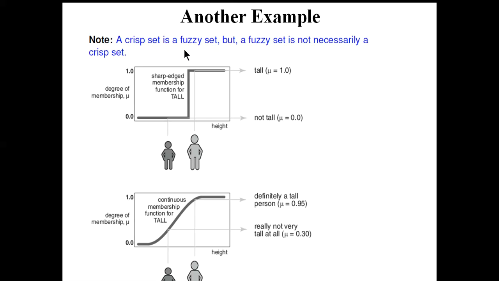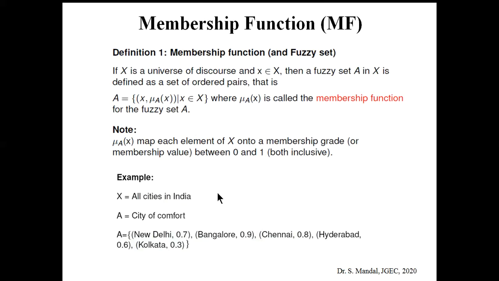So a crisp set is a fuzzy set, but a fuzzy set is not necessarily a crisp set. From this example it is clear. This is the membership function plot: if you plot height along the x-axis and degree of membership mu along the y-axis, you get this kind of graph. Okay, so this is the membership graph.